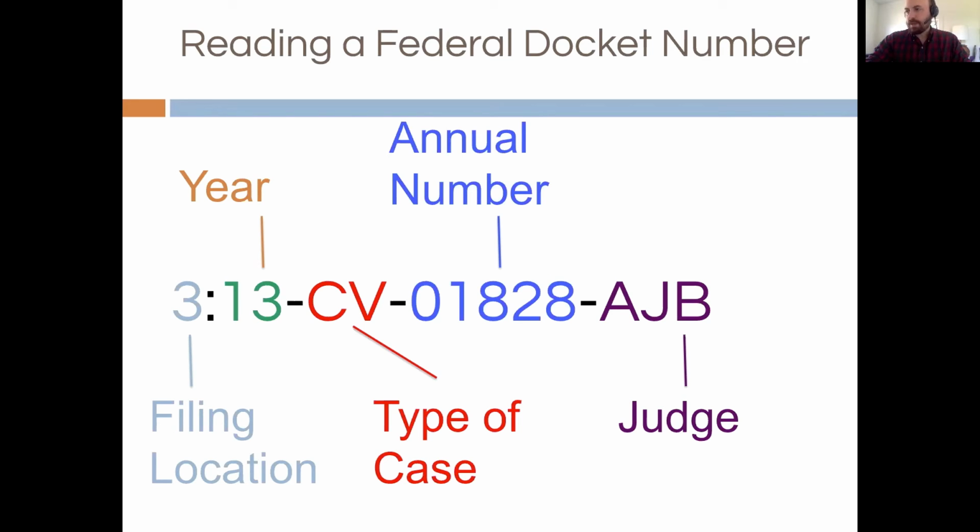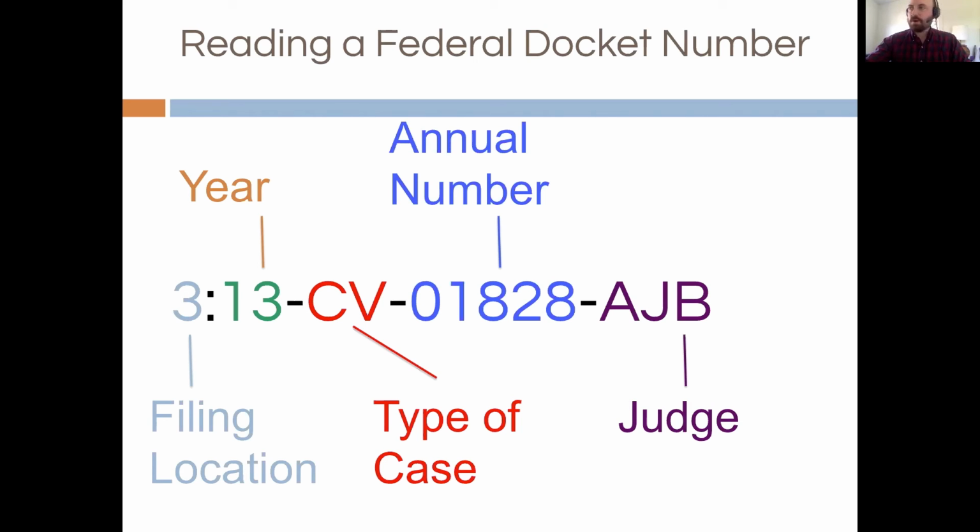Then you have the 2-digit number, which represents the year. So this was filed in 2013. And then you'll see the CV, that's a type of case. You'll see CV, CR, BK for the various types, bankruptcy, criminal, or civil case. And so CV is a civil case. And next we have the annual number. And so this is mostly what we're referring to when we refer to a docket number. And it's a lot like a public law number or many of the things we've seen.